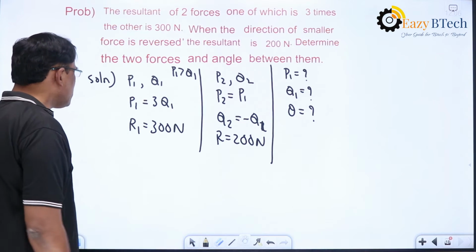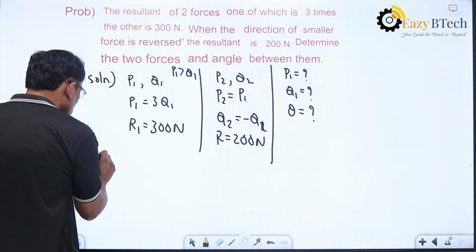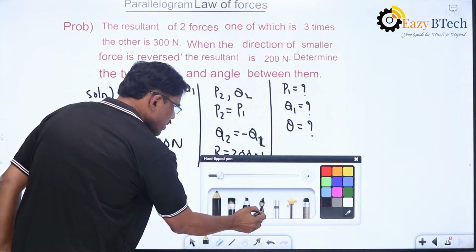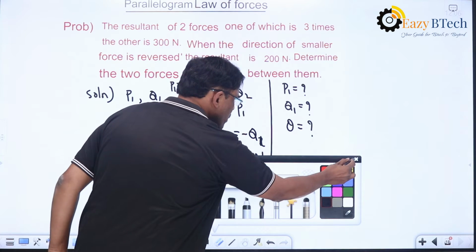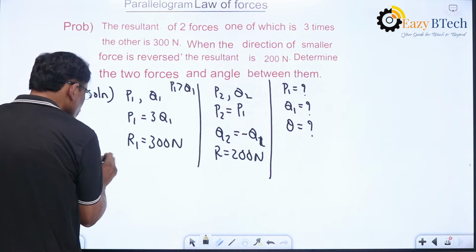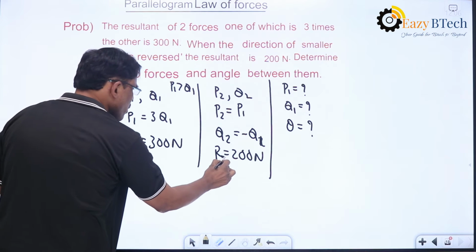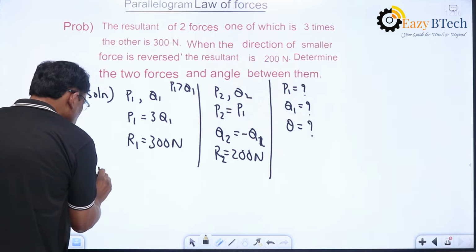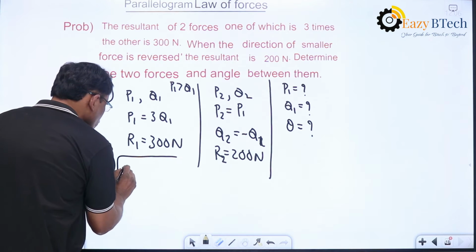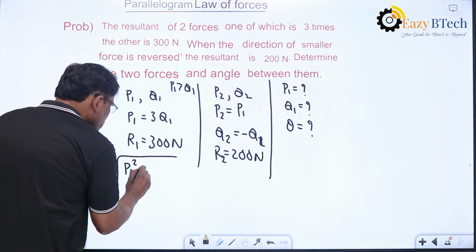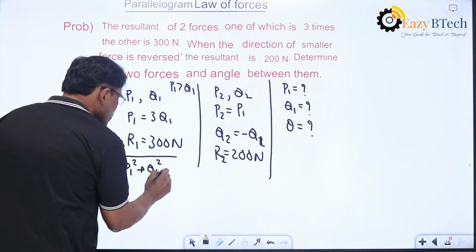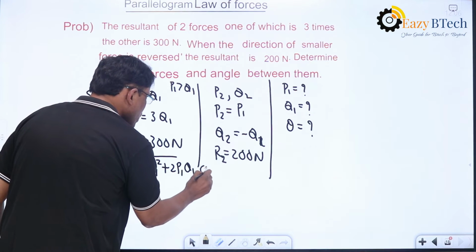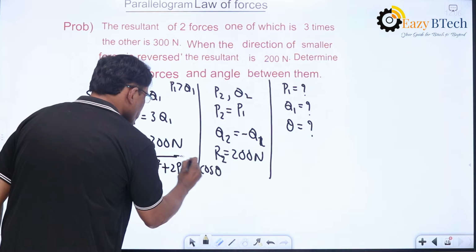So when you take the first case, R1 is equal to the square root of P1 square plus Q1 square plus 2 P1 Q1 cos theta.